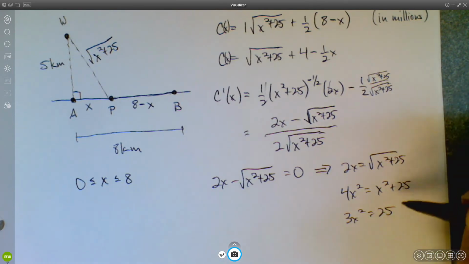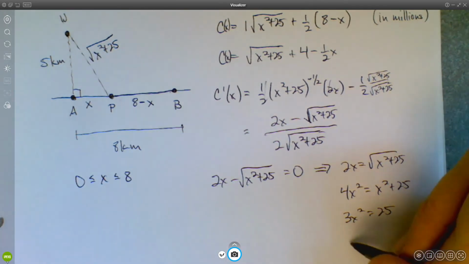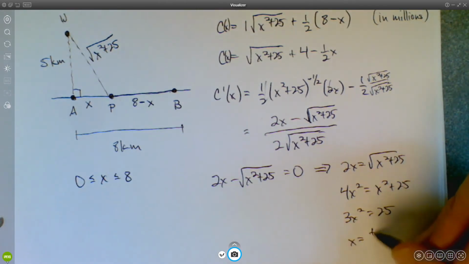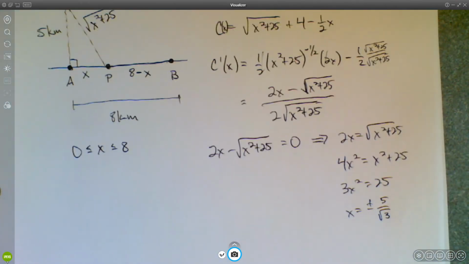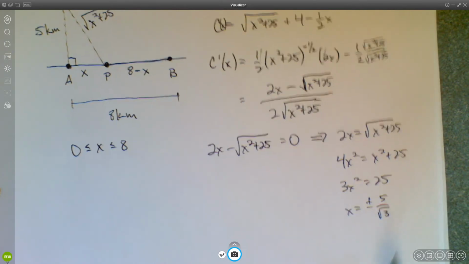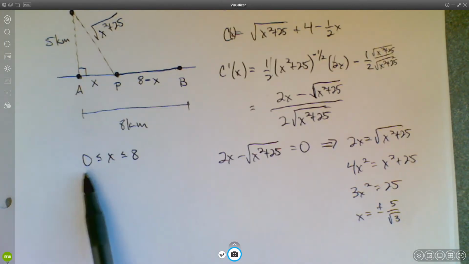And then I would divide by 3 and take the square root. So I'm going to get x equals plus or minus 5 over root 3. Okay, good. Notice that negative 5 over root 3 falls outside of our interval, so we can ignore the negative version.